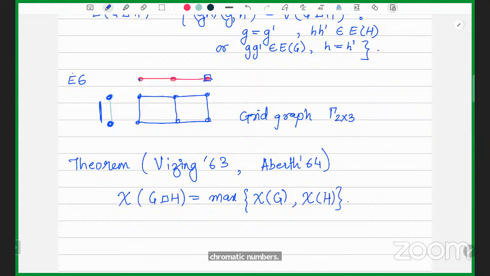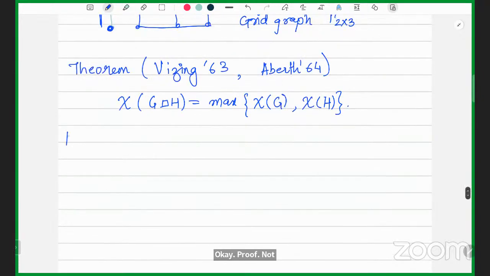Okay. Proof, not very hard to see. Now when people have proved it and we have it at our hand.